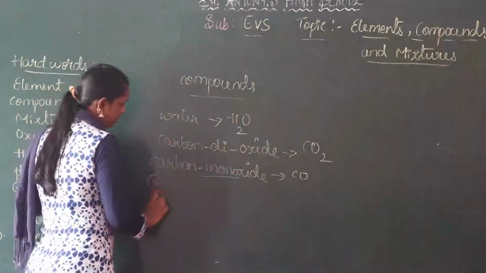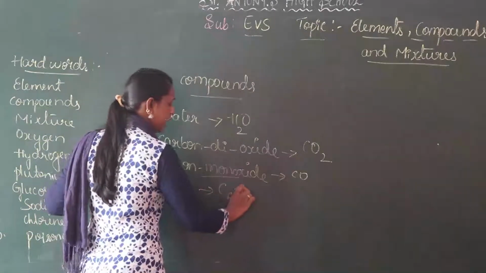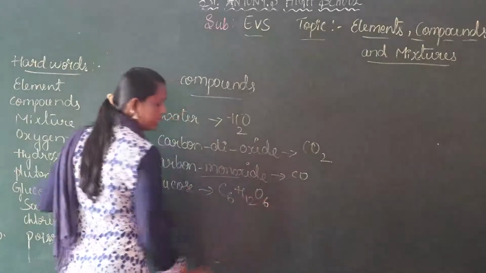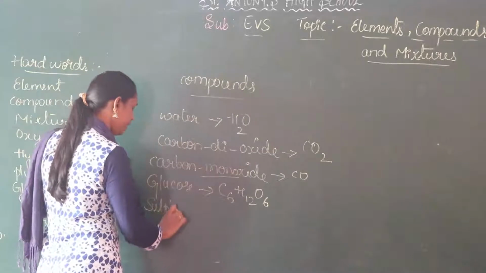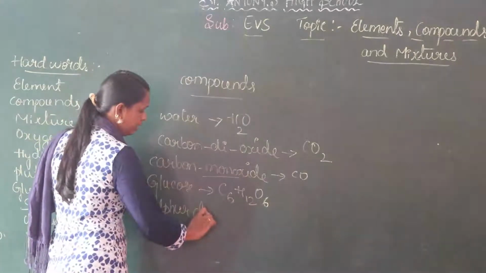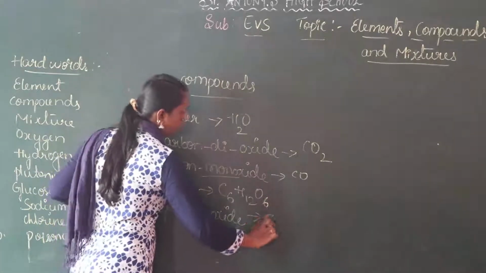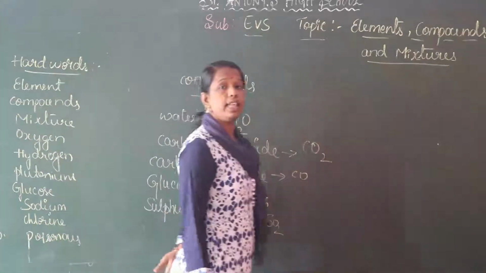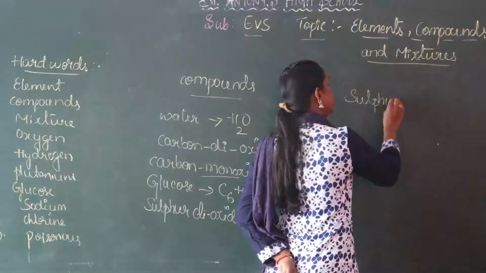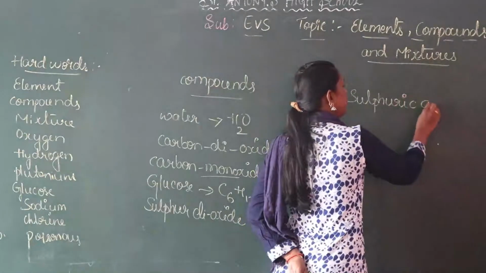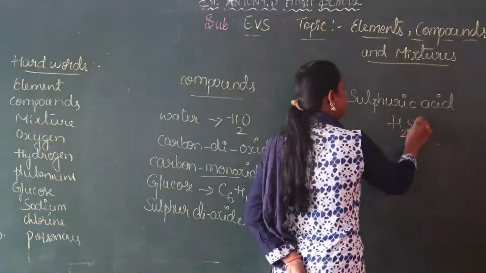Next, you know glucose. G-L-U-C-O-S-E, glucose. C6H12O6. Next, sulfur dioxide. Di means what? Two. Yes, SO2. Sulfuric acid, H2SO4.